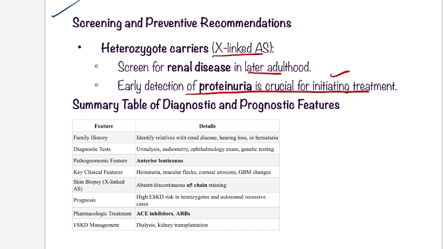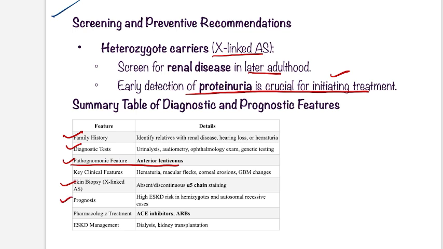To summarize all this: we will see family history. The pathognomonic feature is anterior lenticonus, but it is not included in the diagnostic criteria. Skin biopsy: alpha 5 chain absent staining is seen in males, discontinuous staining in females.